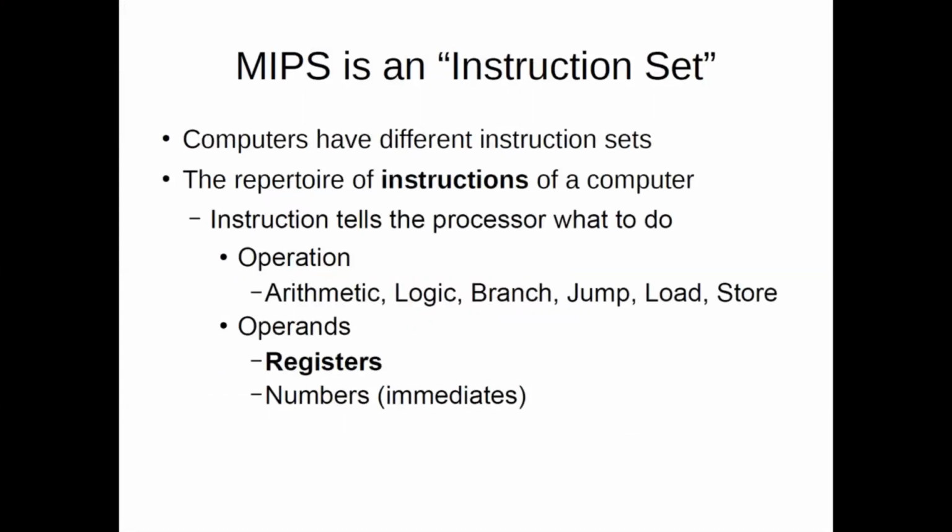Computers may have different kinds of instruction sets. For example, your typical Intel processor has an Intel x86 64-bit instruction set. The available instructions of the computer tell the processor what to do. Instructions are composed of an operation, specified by an opcode, and a number of operands, which the operation uses.